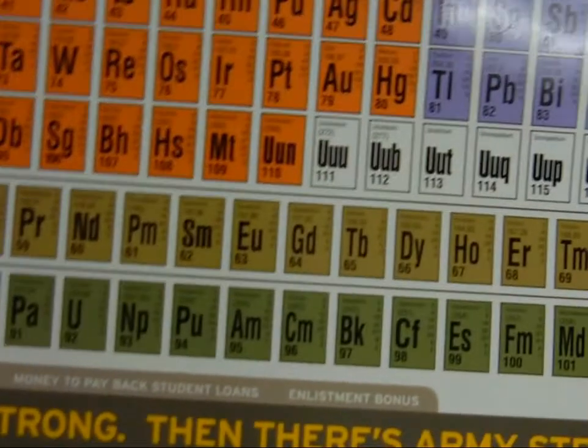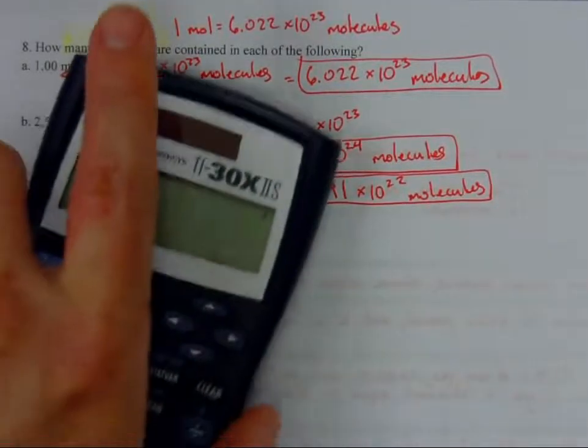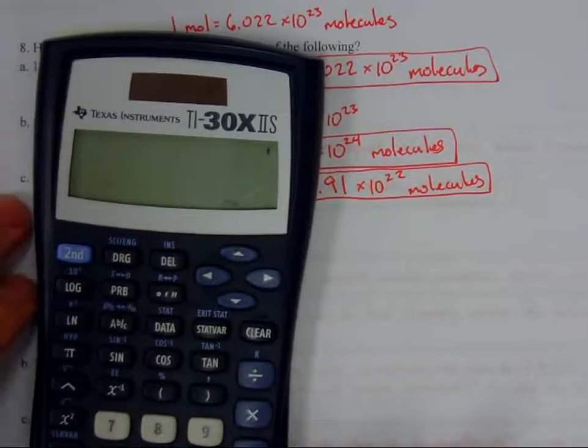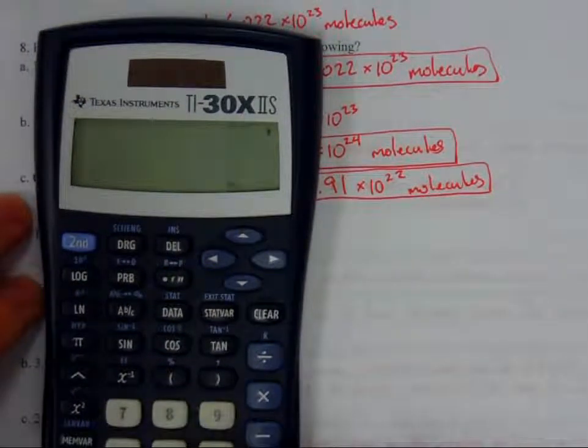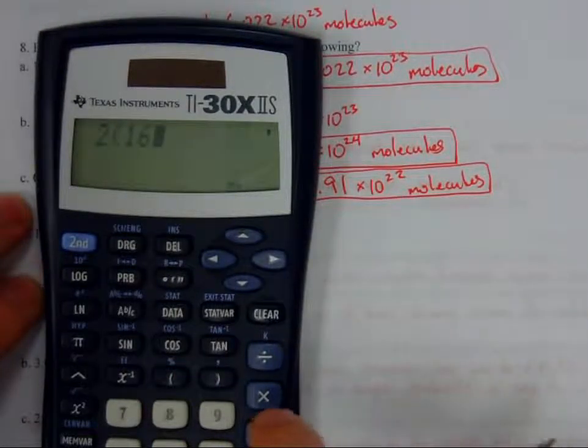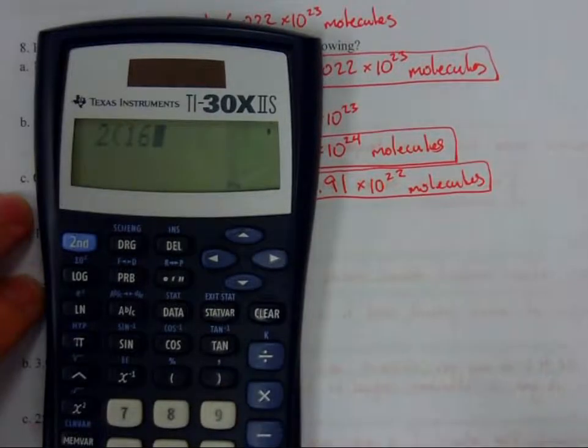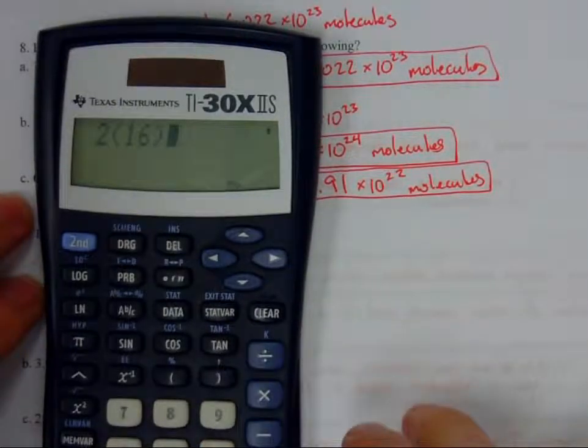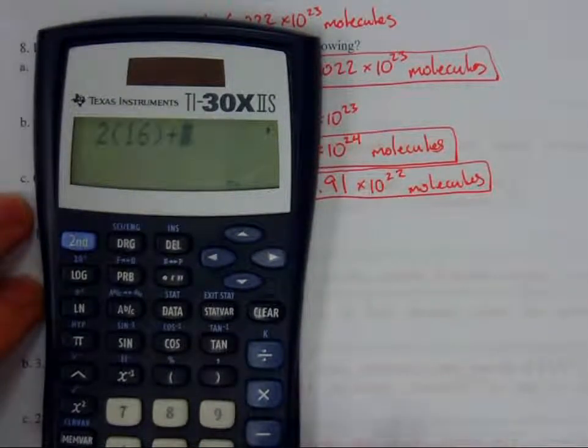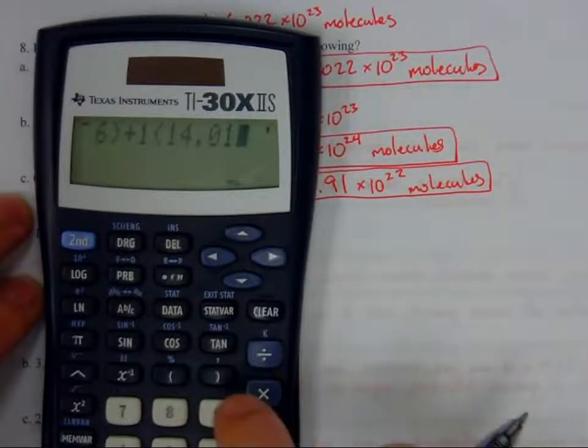So referring to my handy dandy periodic table, I see that there are 2 oxygens, each with a molar mass of 16.0 or 15.999. And we're going to add that to the mass of 1 nitrogen atom, which is 14.01.